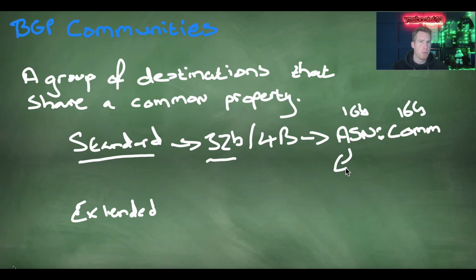Doesn't matter how many routers down the line, when whatever router receives those BGP update messages and all the network layer reachability information associated within that update message, they will see that the ASN is 6500, I think I said. So they can actually identify where this community value actually came from. And don't forget that an ASN is globally unique. So whenever we see a community value, it will be globally unique.